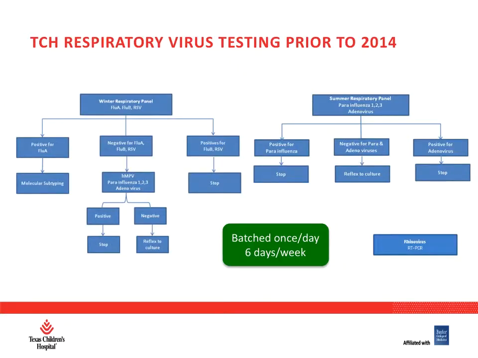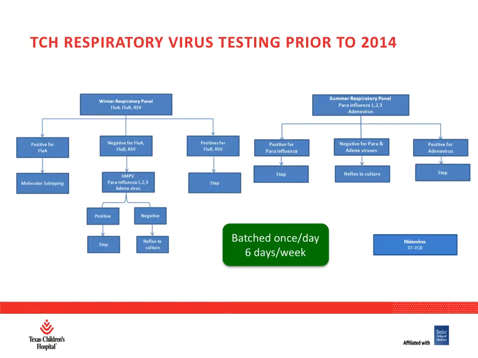So at this time, prior to 2014, we had some algorithms in place as to how and when we would do certain types of testing. So I don't know how well you can read this here, but this is what's called our winter respiratory panel. The winter respiratory panel started with just flu A, flu B, and RSV testing.